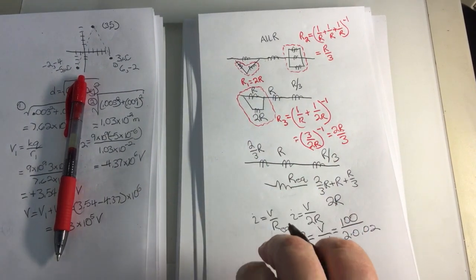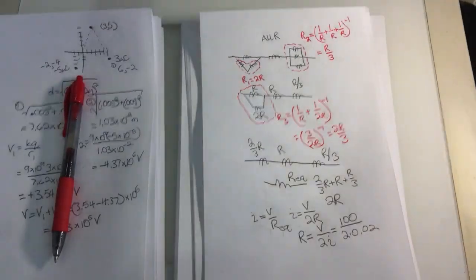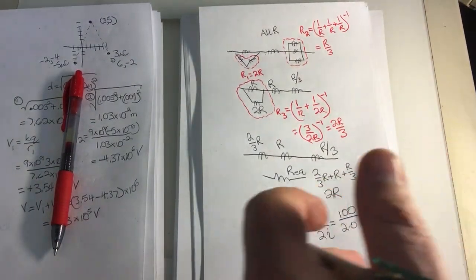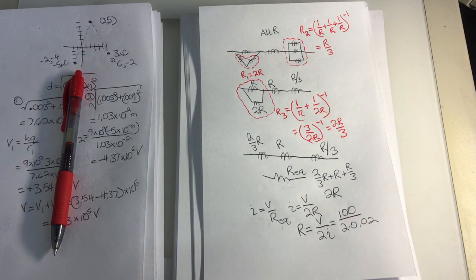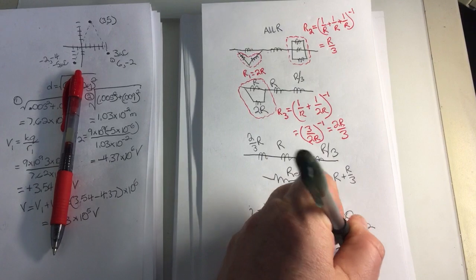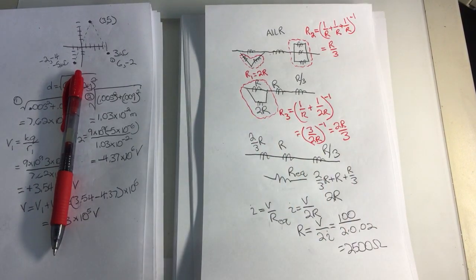God, this is bad. I hate this drawing. I hate this Elmo. I should throw it out the window when I'm done with it. So this gives me, forgive my atrocious handwriting, 100 divided by 2 times 0.02, 2,500. And that is the resistance of each of those resistors.